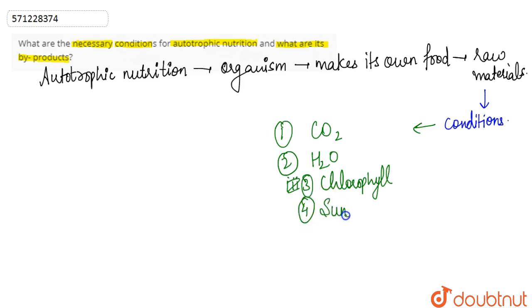Using these four components, autotrophic nutrition can be achieved by the organism. The organisms in which autotrophic nutrition mostly takes place are the green plants.